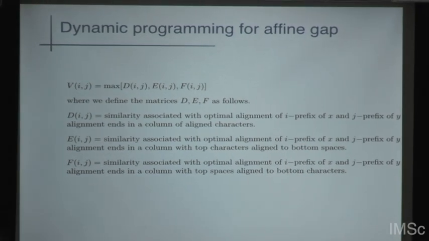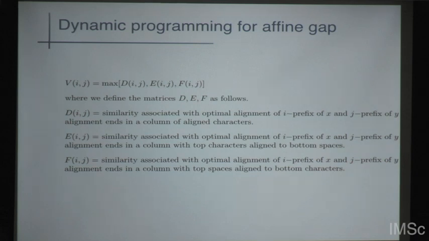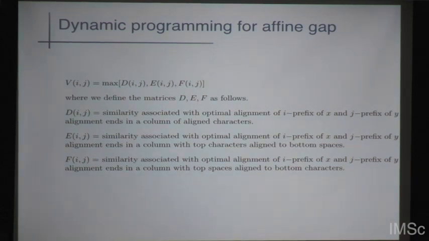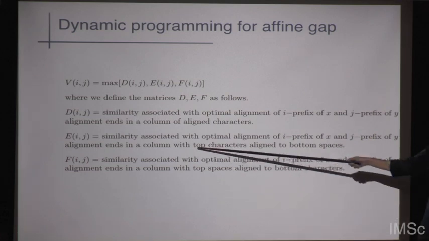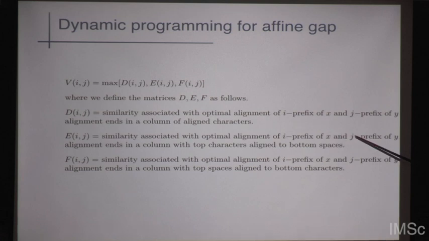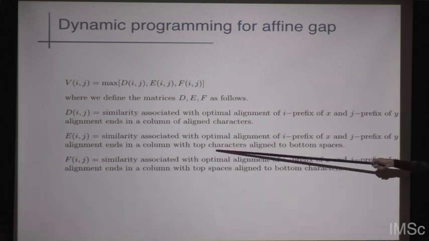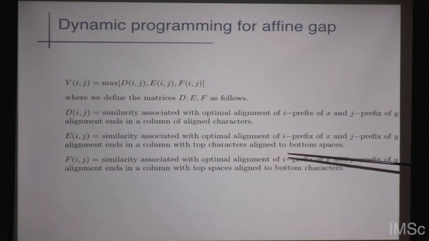So now you have an extra condition that you ensure that the ith and the jth letter are aligned. That keeps the memory of what has so far been aligned. E now says that again it's the optimal alignment, but you insist that the top character, that means the X, should be aligned to a space.